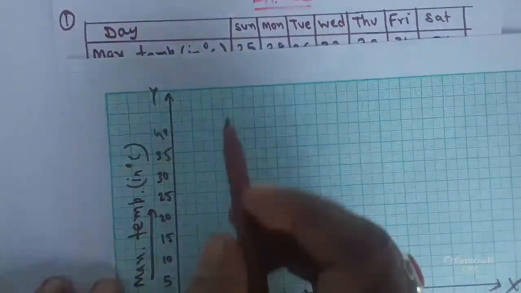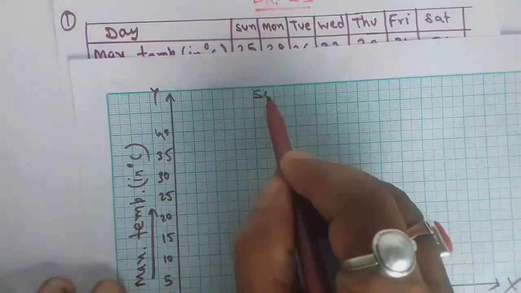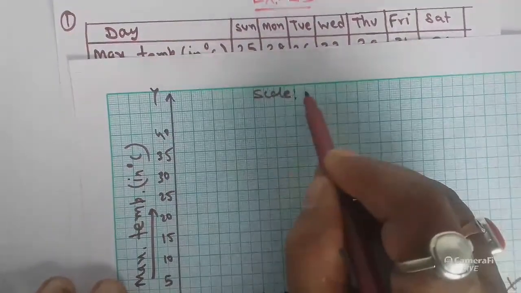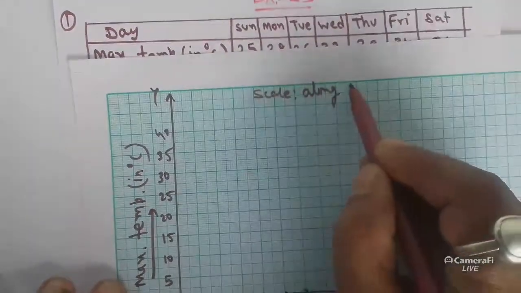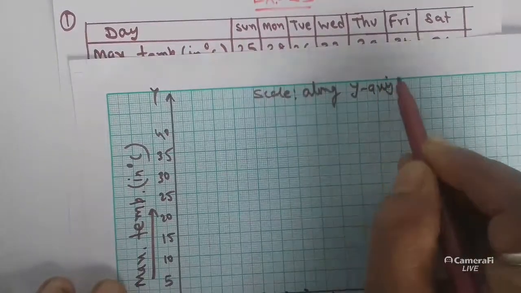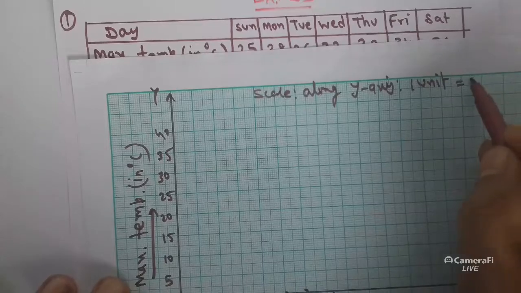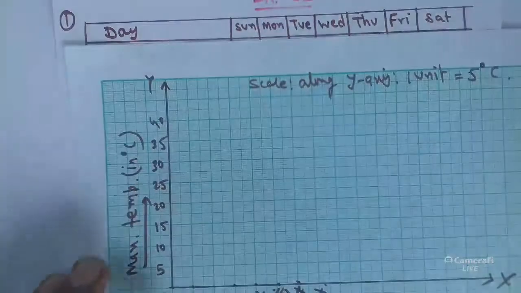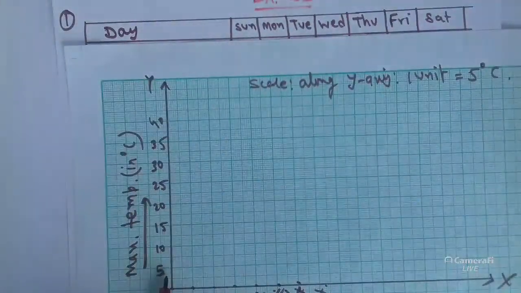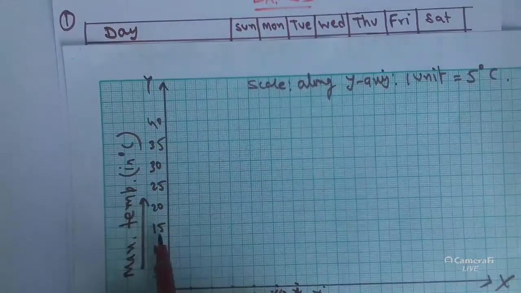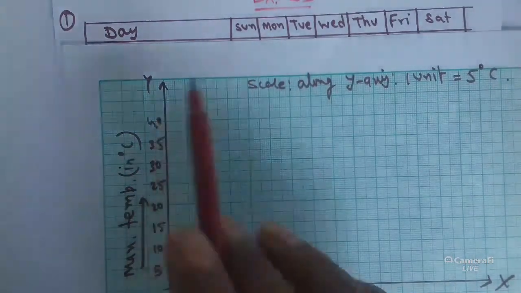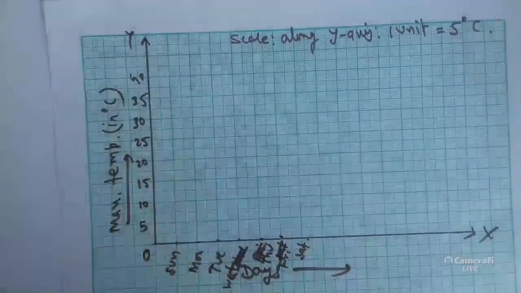Here we have to write the scale also. Scale along y-axis: 1 unit is equal to 5 degrees centigrade.